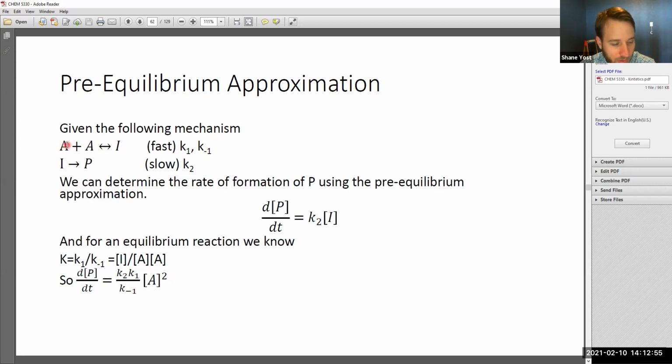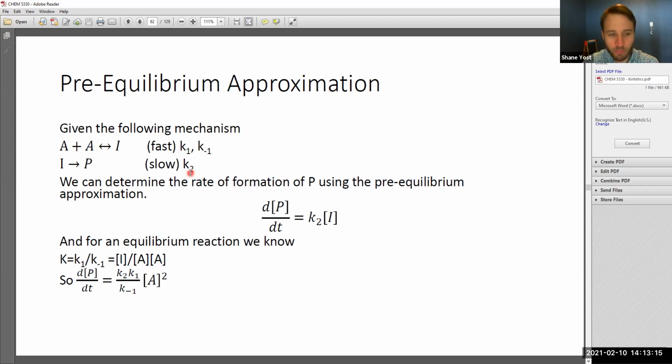The reason is that I really have two reactions here. I have the forward reaction, A plus A forming I, and then a second reaction, I forming A plus A. An equilibrium reaction has the forward and the reverse reaction. So K1 is the rate constant for the forward reaction, and K minus 1 is the rate constant for the reverse reaction.